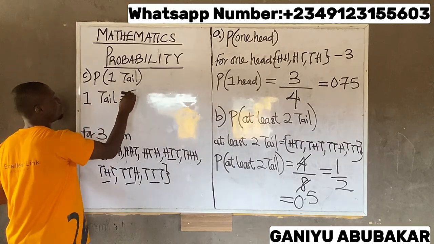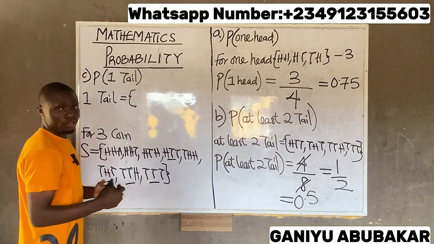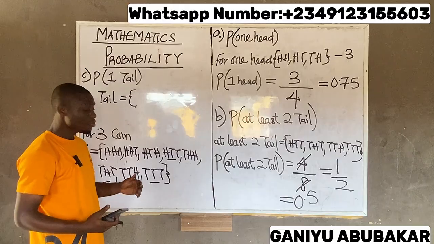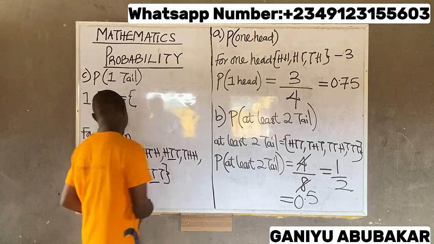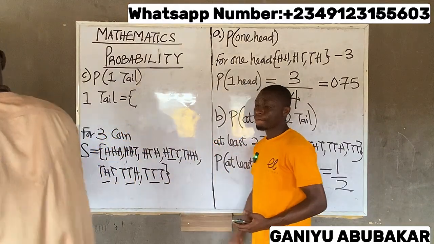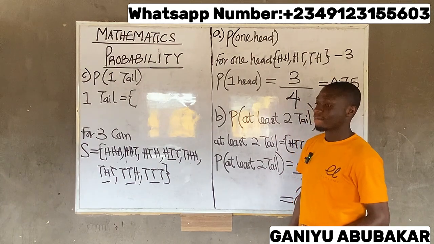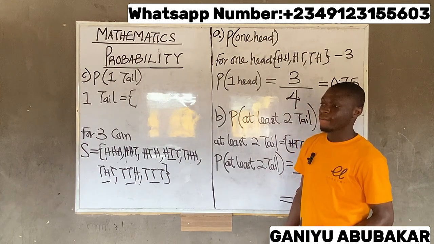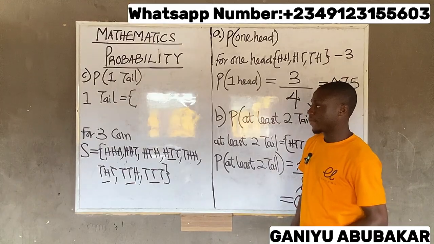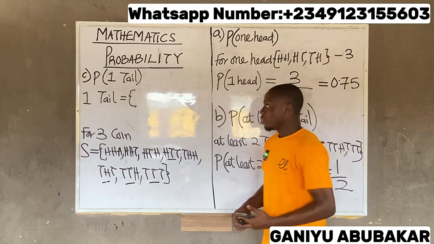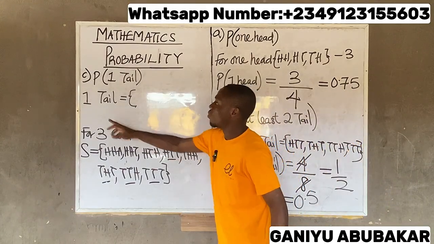So how many one tail will you see in flipping three coins? All right, so how many one tail?